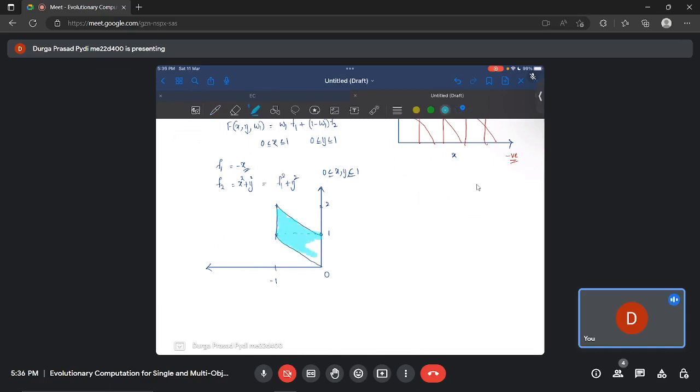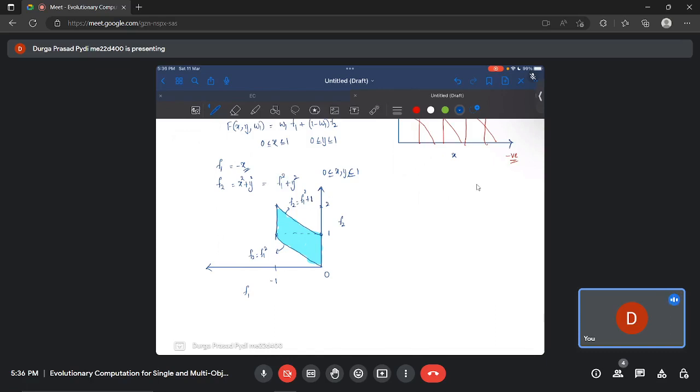This particular space is bounded between two parabolas. If this is my f1 and this is my f2, this is f2 equal to f1 square, and the other equation is f2 equal to f1 square plus the maximum value of y, which is 1, so f1 square plus 1. This highlighted region will be your objective space.